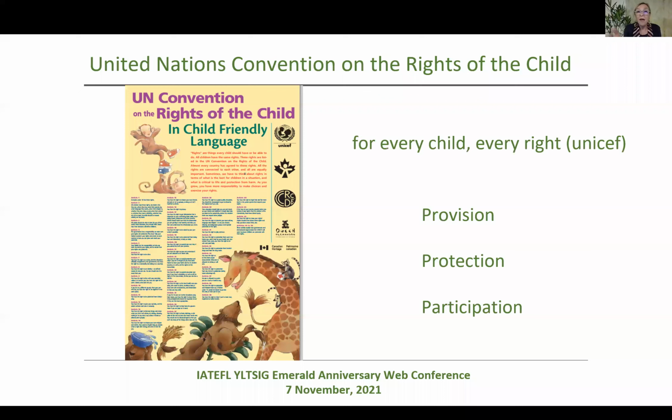So we have for every child, every right. This is from UNICEF. And the convention covers three broad areas of rights: provision, protection, and participation. These are often referred to as the 3 Ps. And this convention has become the most widely ratified human rights treaty in history.